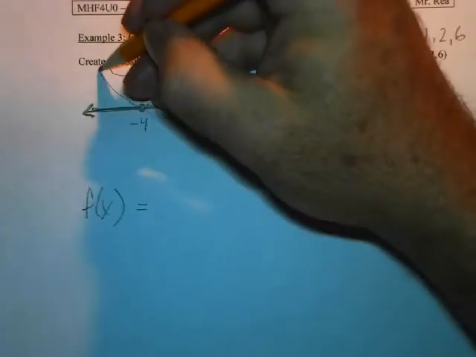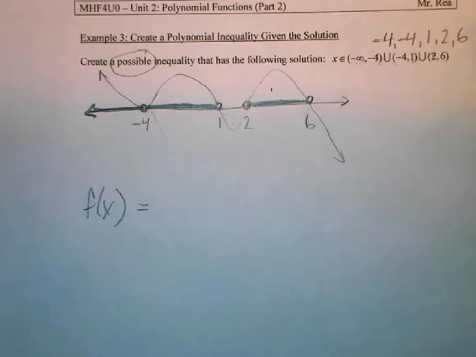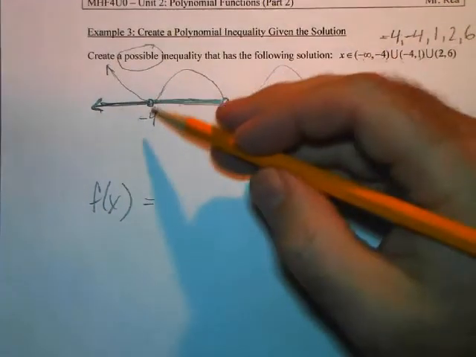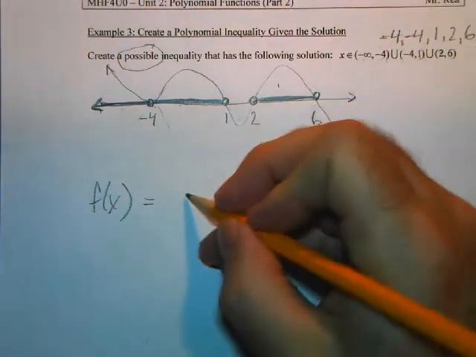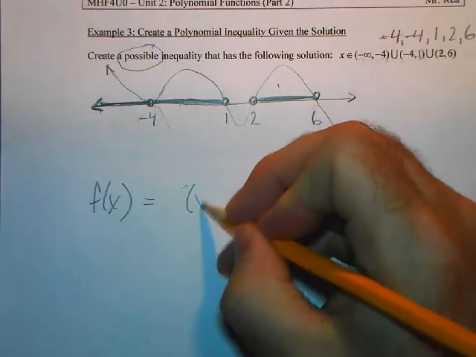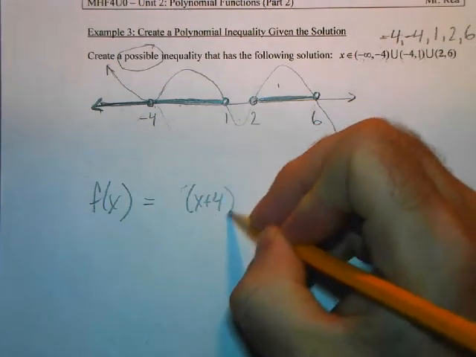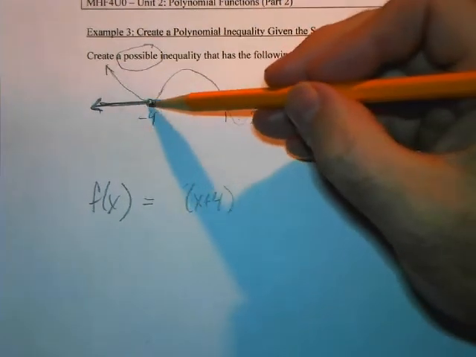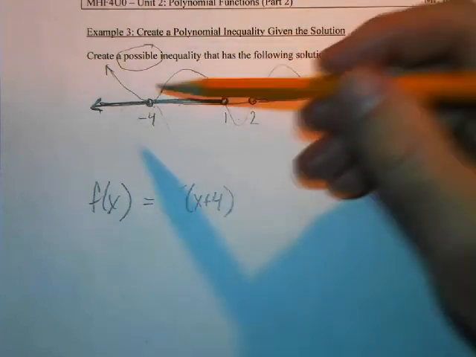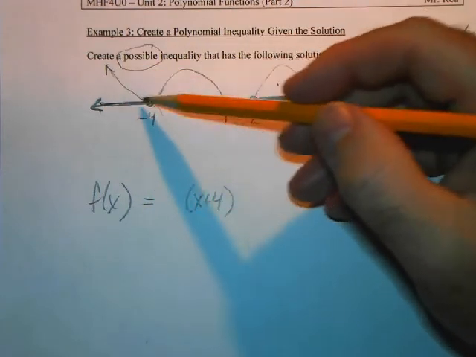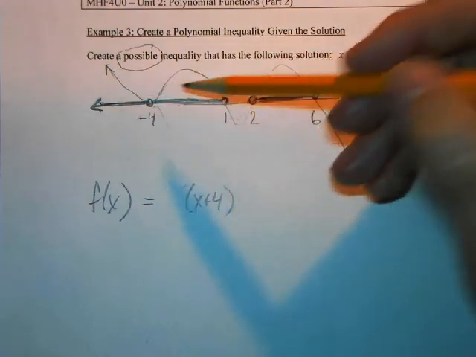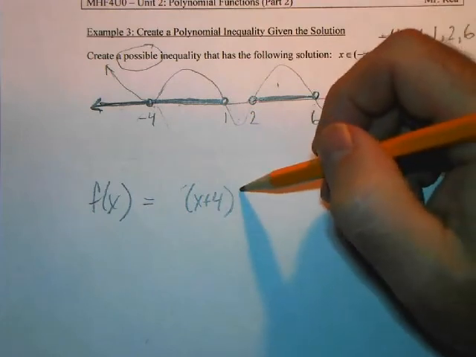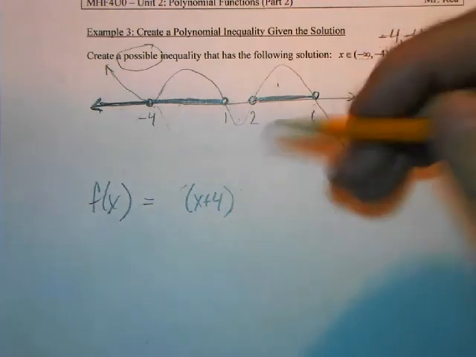Okay, so the first thing I'm going to start with is my zeros. I have a 0 at x minus 4, so that means my factor would be x plus 4. But the interesting thing about that 0 is it bounces, and you remember if it bounces, the factor has to have an even order.